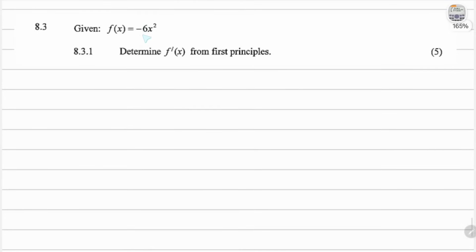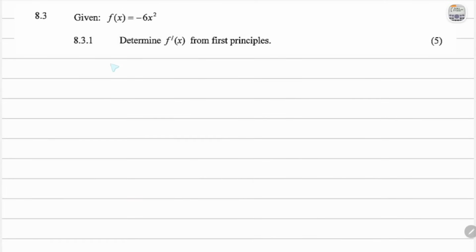8.3, given f of x is equal to negative 6x squared. 8.3.1 says determine f prime of x from first principles. Okay, so we can first focus on finding f of x plus h. So we can just substitute it. So wherever you see x, replace it with x plus h.